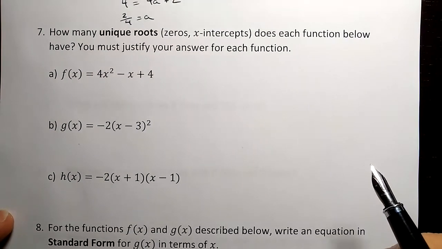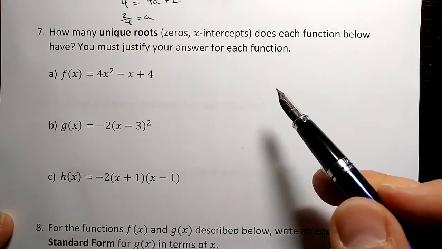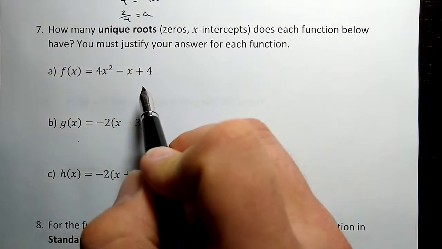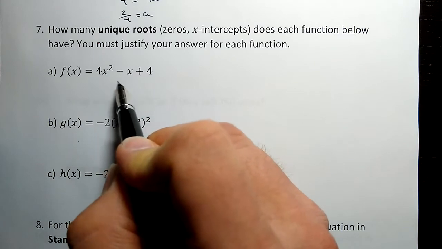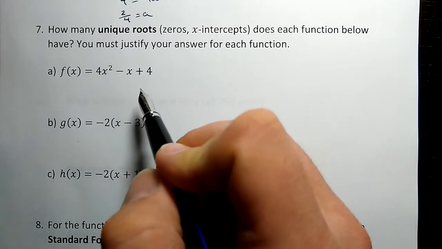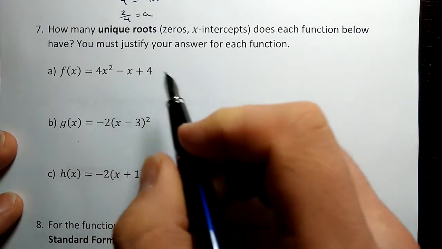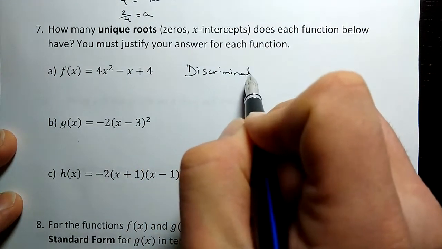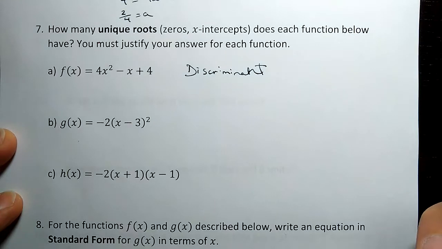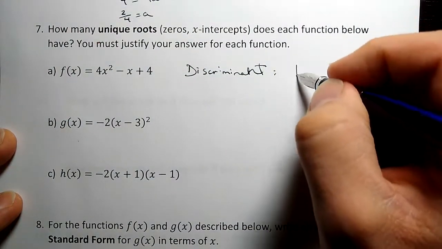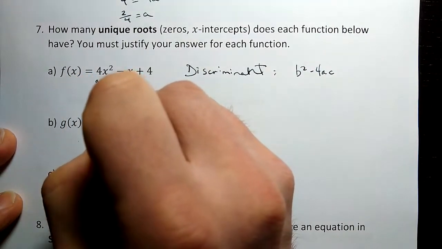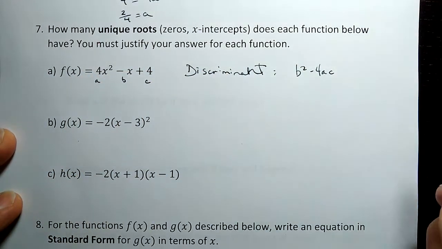How many roots or x-intercepts, zeros, does each of these functions have? And you have to justify your answer. So this one right here, it's in standard form. I can't see instantly how to factor it or anything like that. So maybe I'll grab the discriminant. The discriminant is b squared minus 4ac, where that's a, b is negative 1, and c.